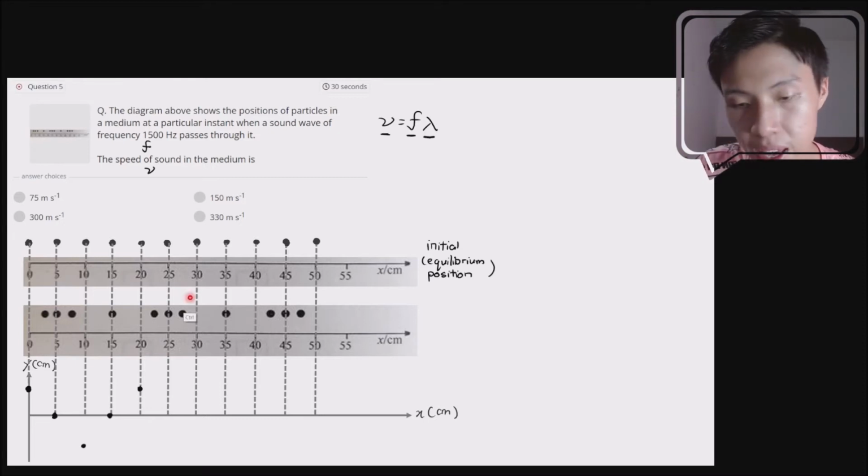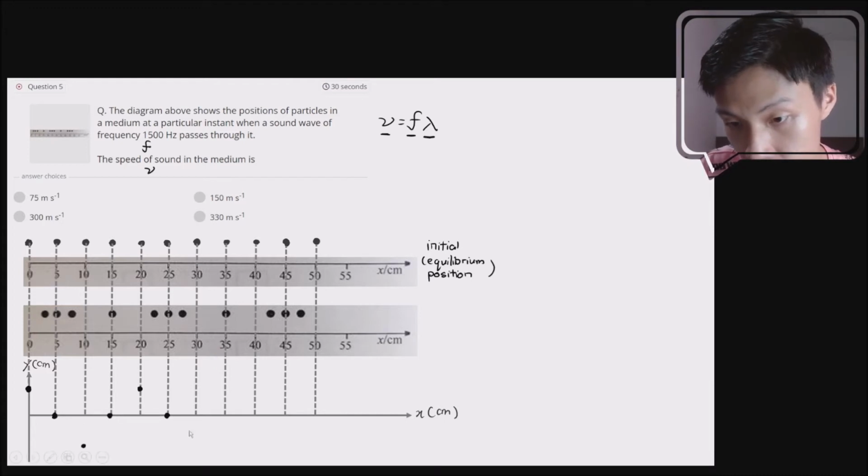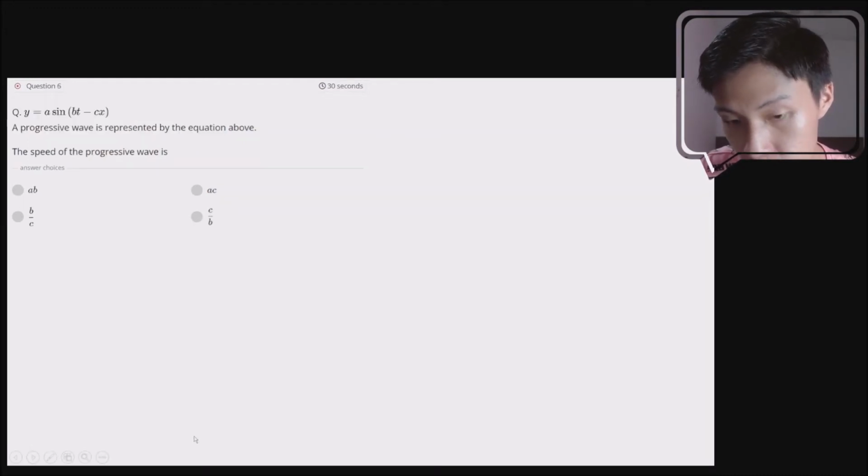At x equals 25, it's at its equilibrium position, no displacement, so y equals 0. Next, at x equals 30, the particle is displaced to the left, therefore it's a negative displacement.